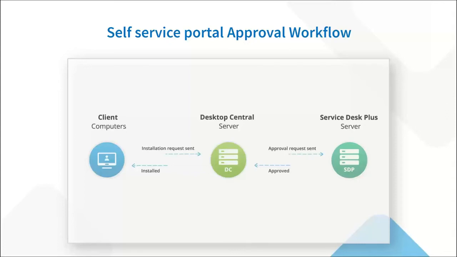In case he approves your request, this will again reach your Desktop Central server, and automatically your Desktop Central server will trigger the installation of the particular commercial application on the client machines. This is how the self-service portal works when you've integrated Desktop Central with Service Desk Plus.